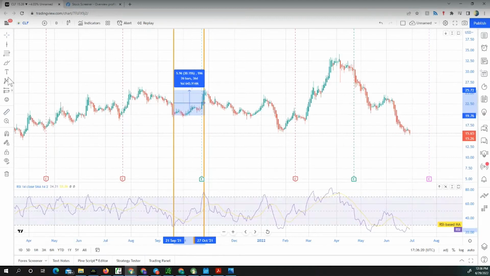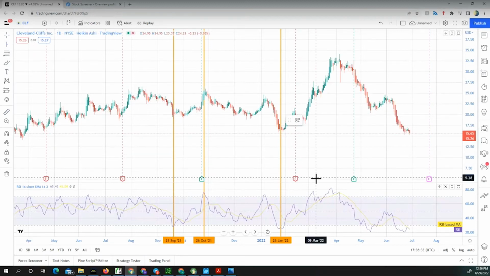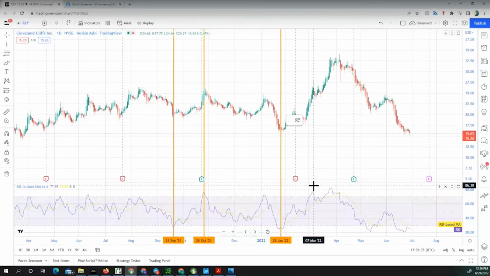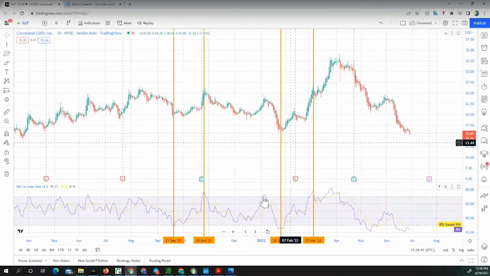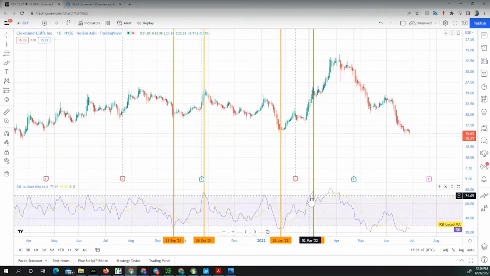Now let's go to the next points where RSI was below 30, like right here, and then when the RSI was above 70, like right here. As you can see, at this point RSI was below 30, you could have bought here, and you just wait until it gets above 70, and you sell there.